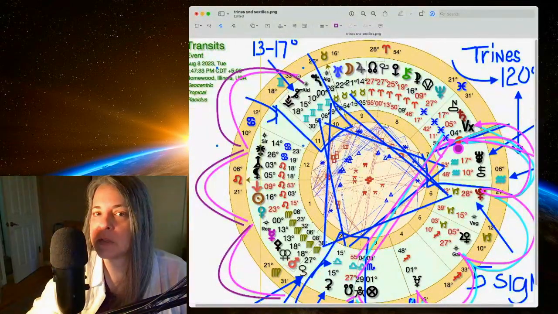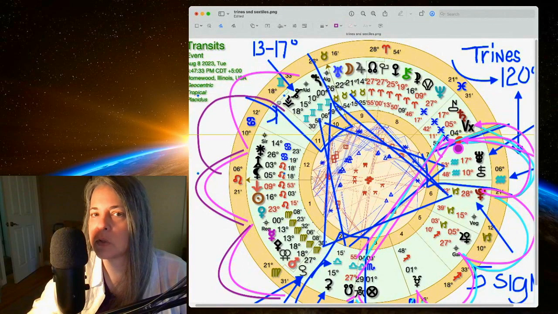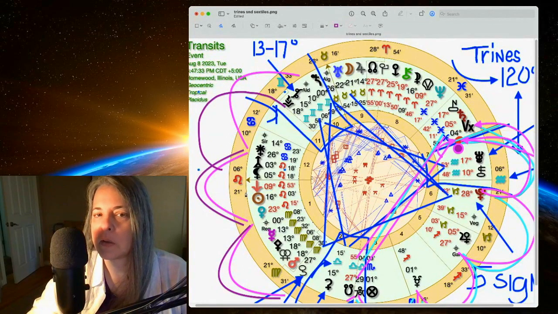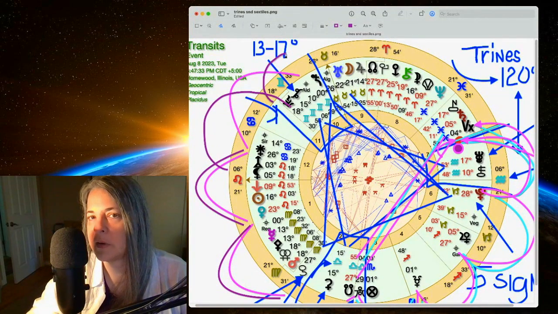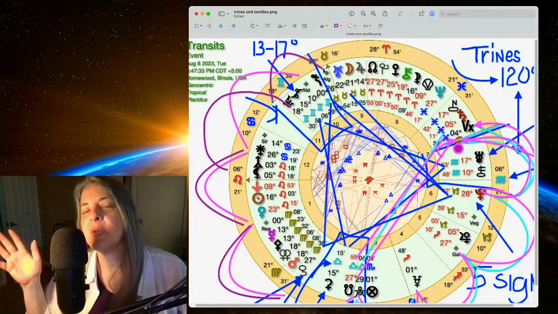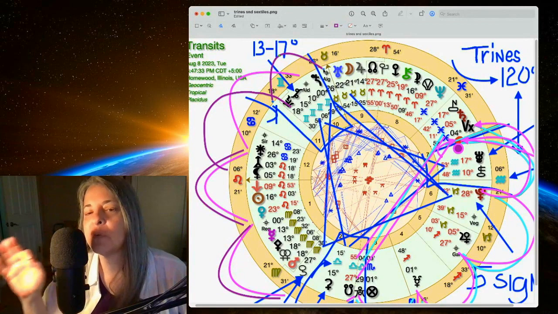That's where I made the mistake. I drew my Gemini line too close. It should have been here because we were going to the 20s. So the 20s, 27, we've got Elgo at 26.